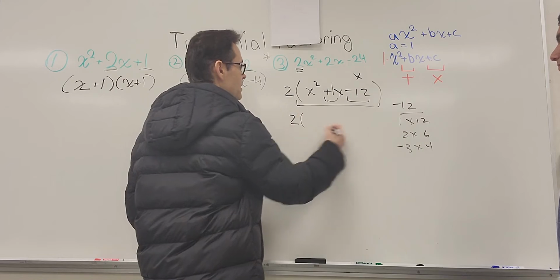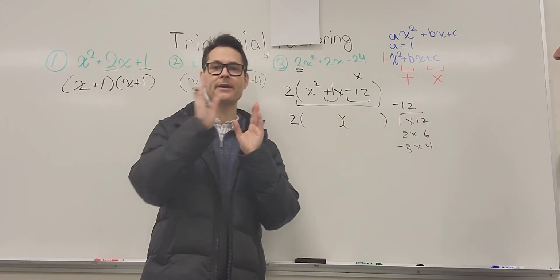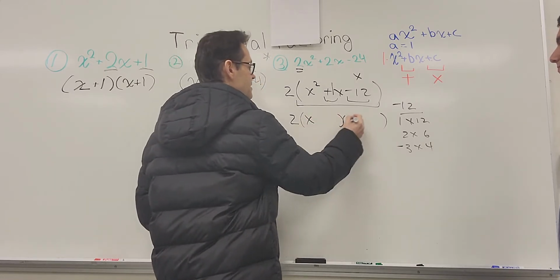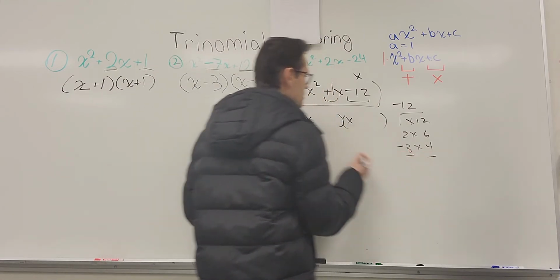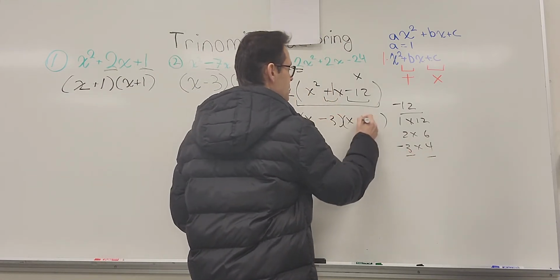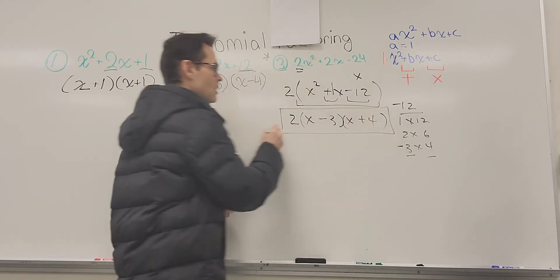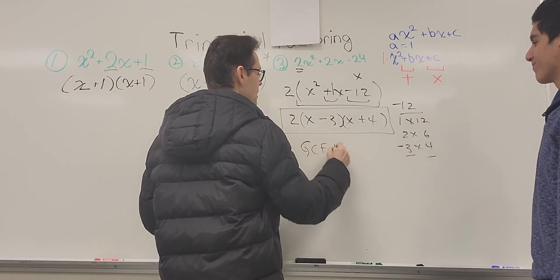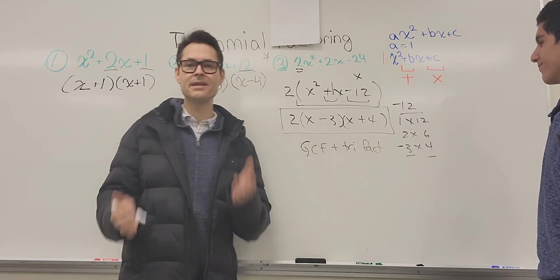So you got to remember the form. You got to know that the answer is a bracket, bracket, bracket, bracket. You just have to remember it. So you put an X here and an X here because you're going to memorize this. And then you're going to take these two numbers and drop them in just like that. And bada bing, bada bang. And that one is combining a greatest common factor plus trinomial factoring. It's a double whammy.